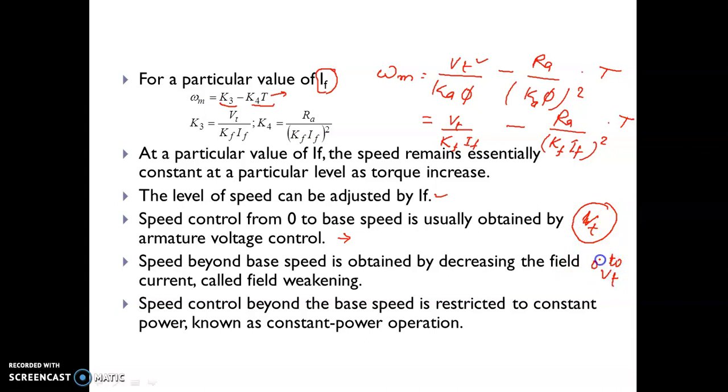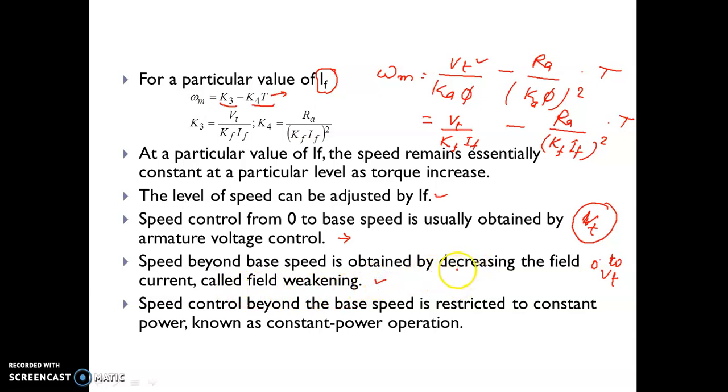If Vt is 0, the speed will be 0, and if Vt is equal to its rated value, the armature speed will be equal to its rated speed. So by application of the terminal voltage, we can control the speed from 0 to rated speed only. We cannot go beyond the rated speed. A speed beyond base speed or rated speed is obtained by decreasing the field current, called field weakening.